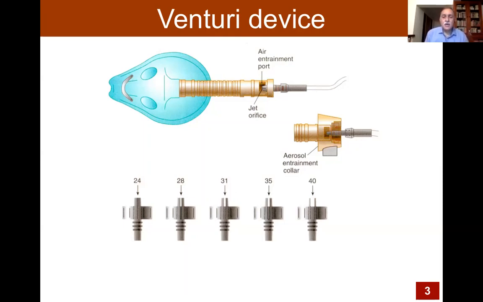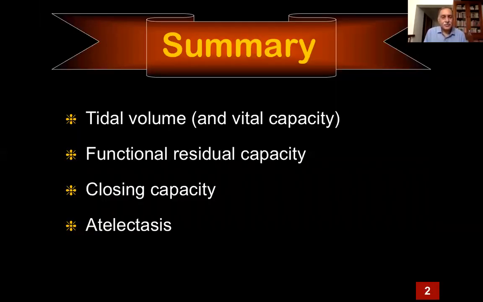And this is how the Venturi device becomes more or less a fixed performance device. It's the closest we can get, among the simple, commonly available oxygen therapy devices, to a fixed performance device. So this completes part one of applied respiratory physiology.